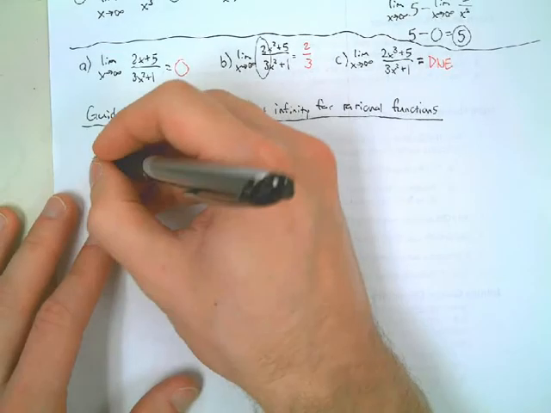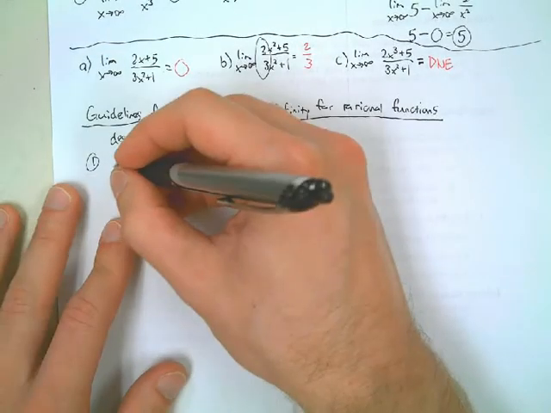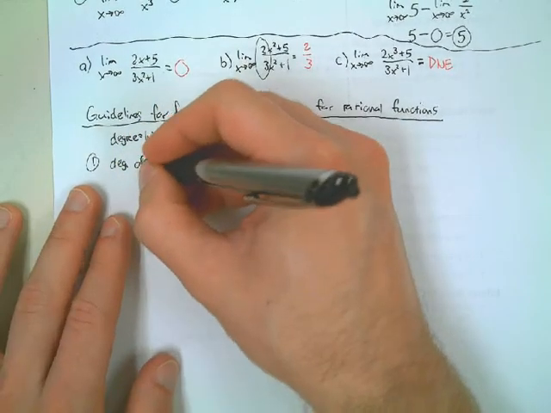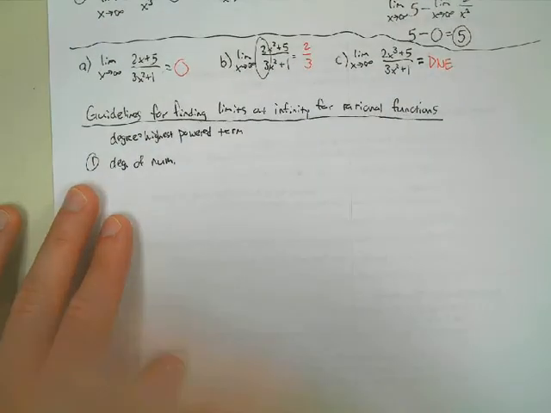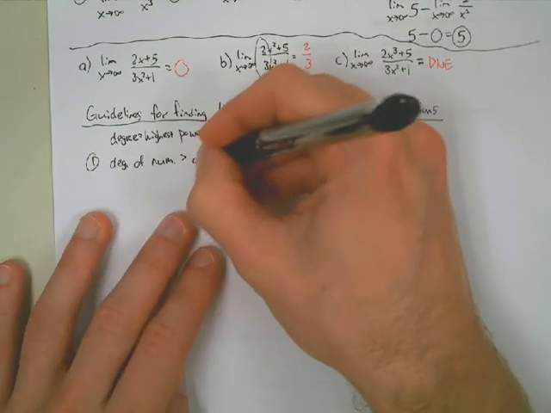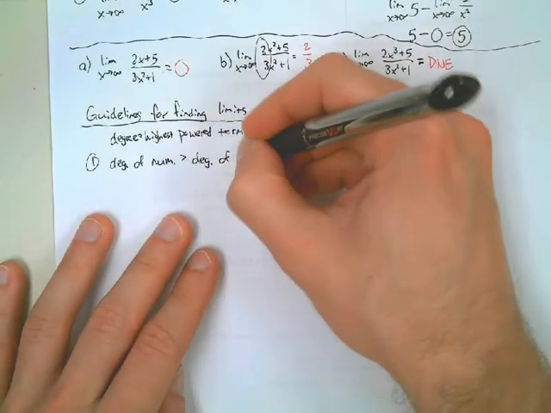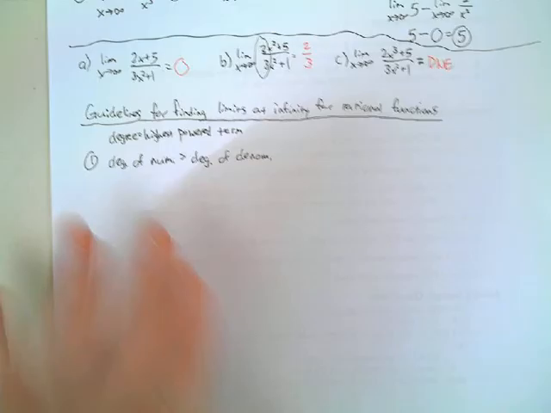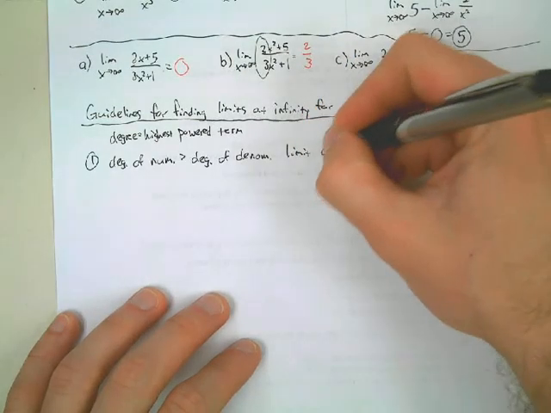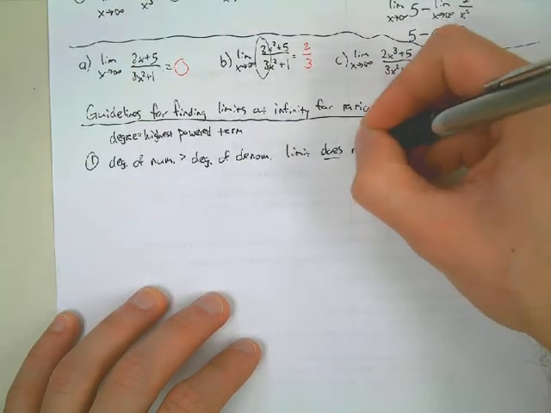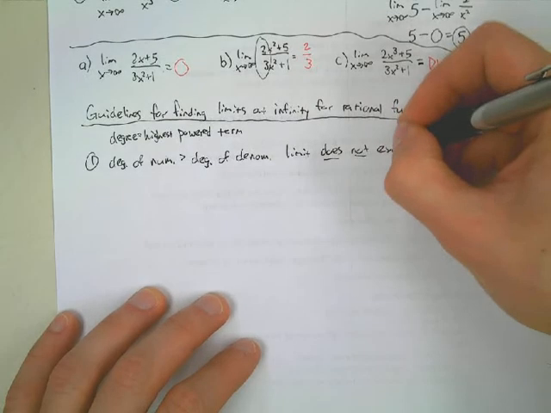Okay, so 1. I'm going to abbreviate numerator as num. If the degree of the numerator is greater than the degree of the denom, the limit does not exist. 2.